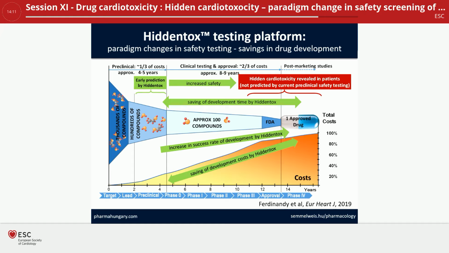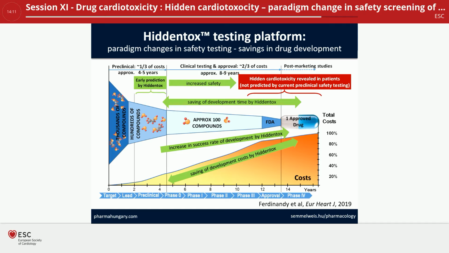And we save development time. Take the example of rofecoxib: if it had been tested under ischemia reperfusion in preclinical testing, for sure this drug would not be indicated for ischemic heart disease patients.